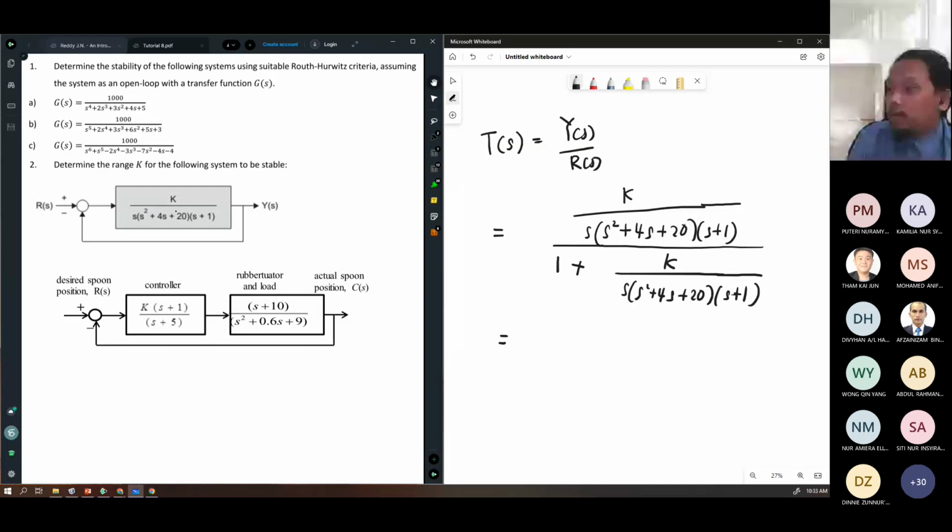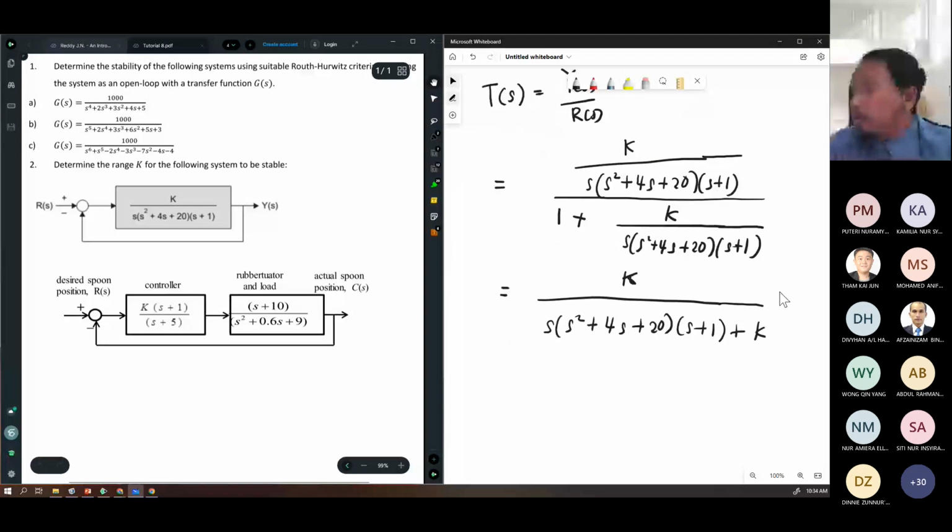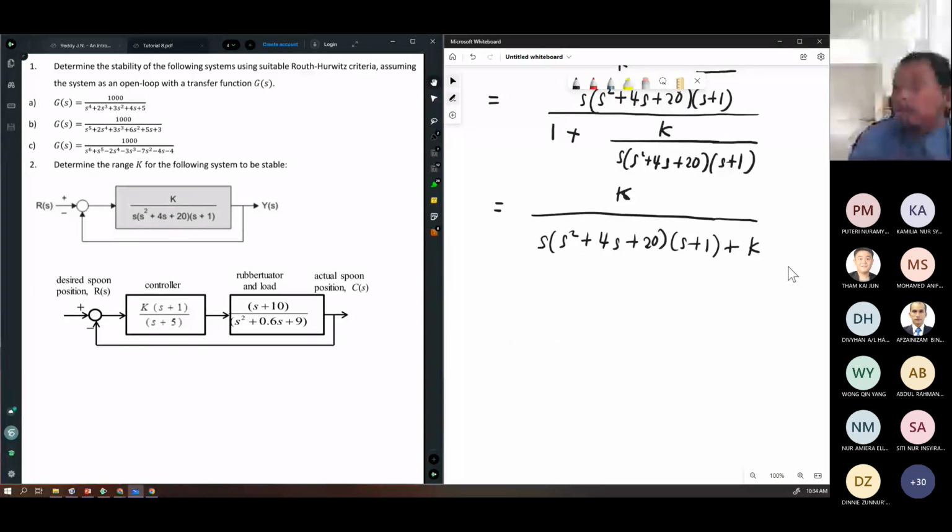Okay, so you will end up with, then from this transfer function, you need to take the denominator.